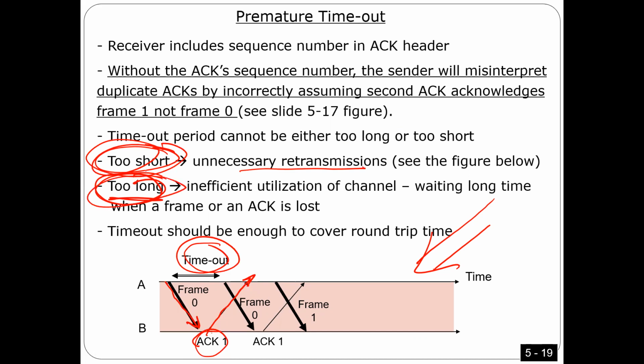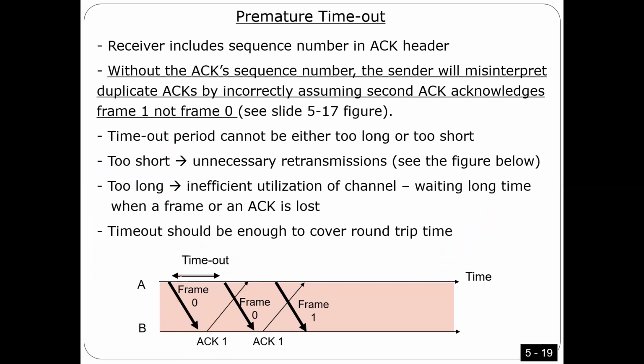You have to make sure it's enough time for the frame to be transmitted from A to B, received, processed by the receiver, and the acknowledgement sent back. So we need to select a good timeout. Otherwise, there will be unnecessary transmission or inefficient use of the channel because you are going to wait a long time.